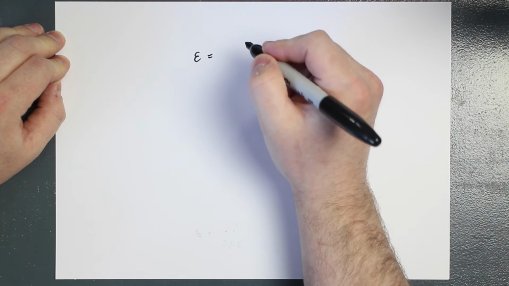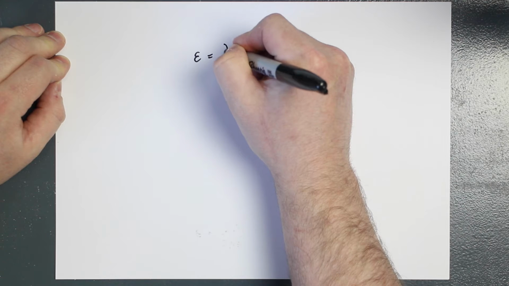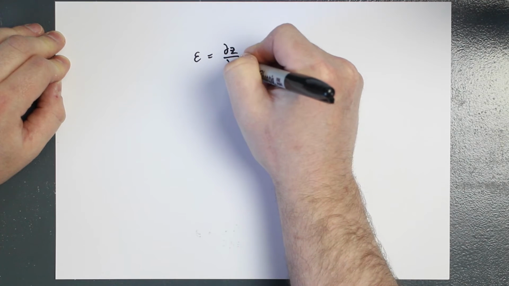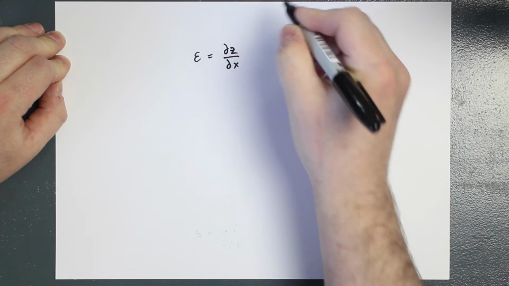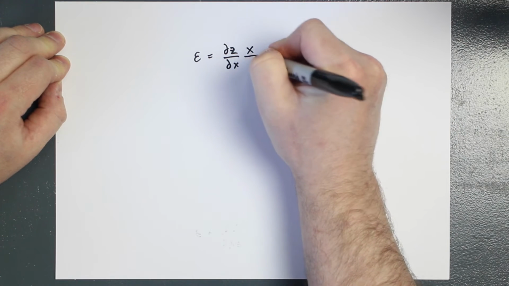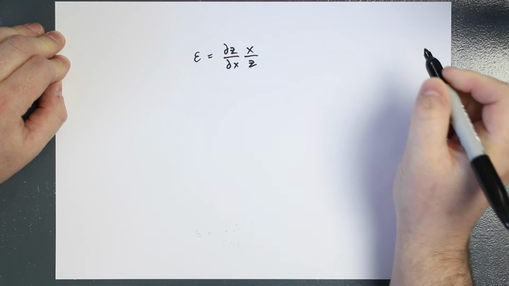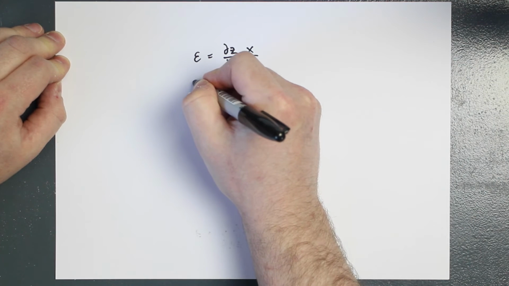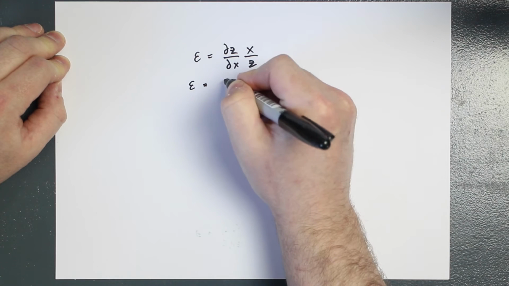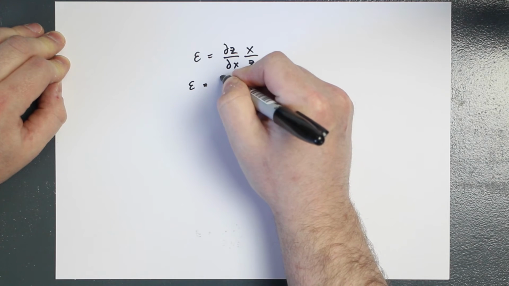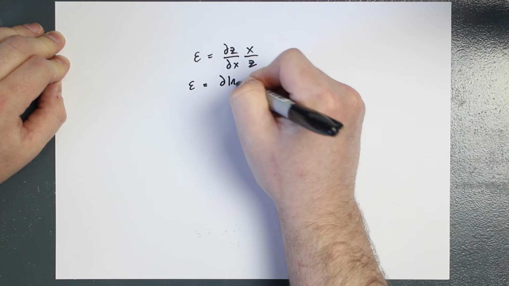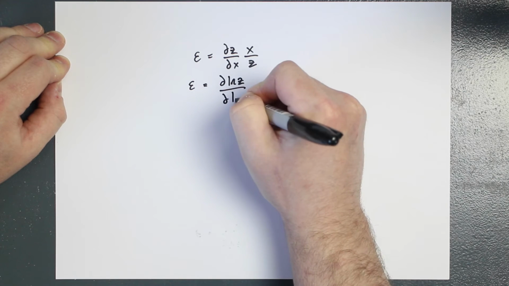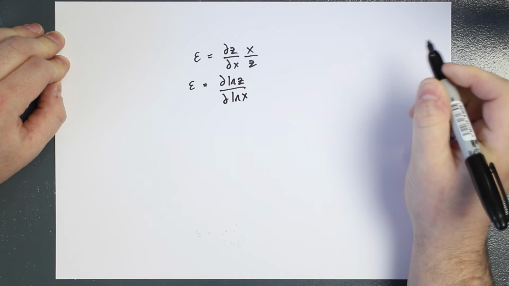The point elasticity is the partial derivative of z with respect to x multiplied by x over z. Okay? And we've been asked to show that this is equal to the partial derivative of the log of z with respect to the log of x.